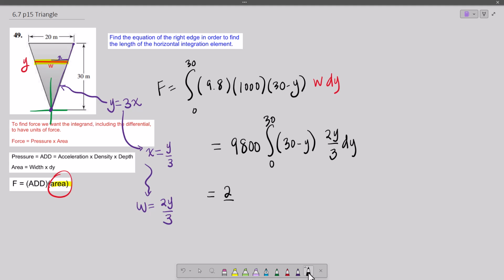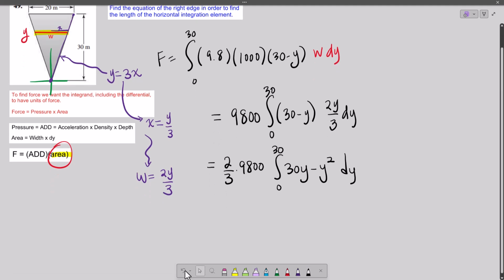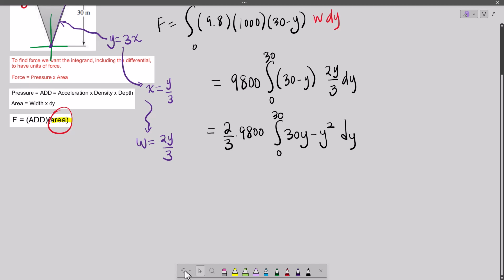So we'll have 2/3 of 9,800. And then inside the integrand, we're going to distribute the y that we have there. And this will be our simplified integrand. So we're factoring out the 2/3, leaving just that y there, and that y will jump in here and multiply to each of those terms.